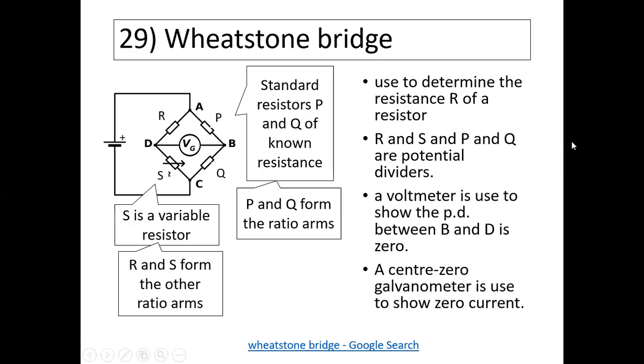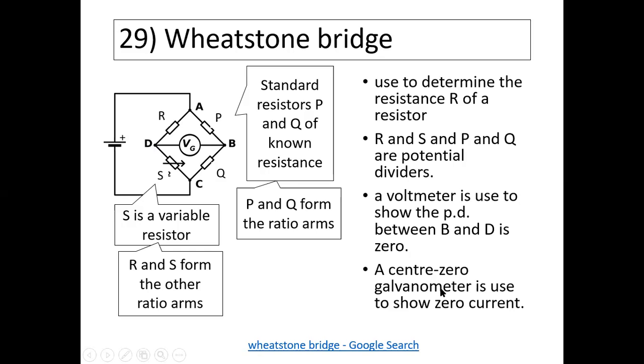The voltmeter is usually just to show that the potential difference is zero, just to measure potential difference. So if there's no potential difference, means there's no current. So you can use a center zero galvanometer to show that there's no current.